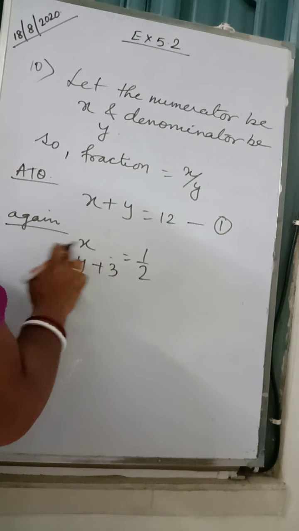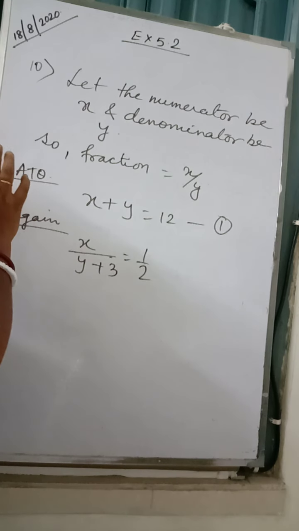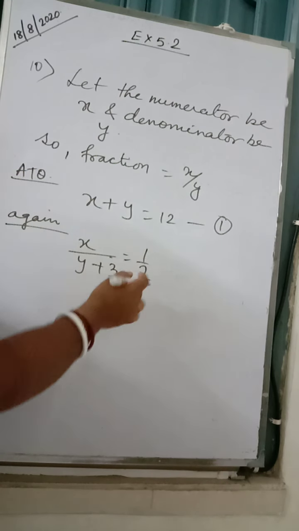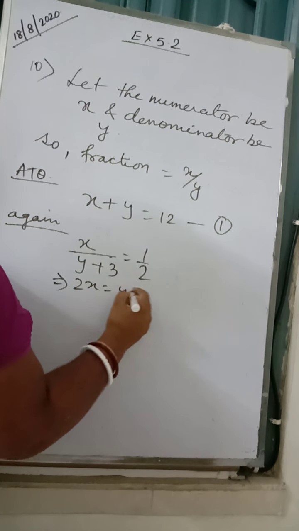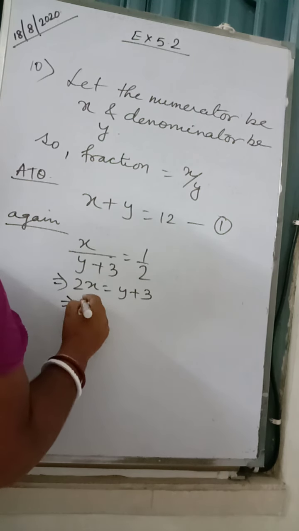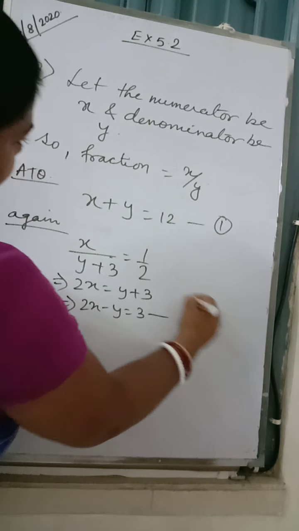So x by y plus 3, only the denominator is increasing, is equal to 1 by 2. It gives you 2x is equal to y plus 3, or 2x minus y is equal to 3. This is equation number 2.